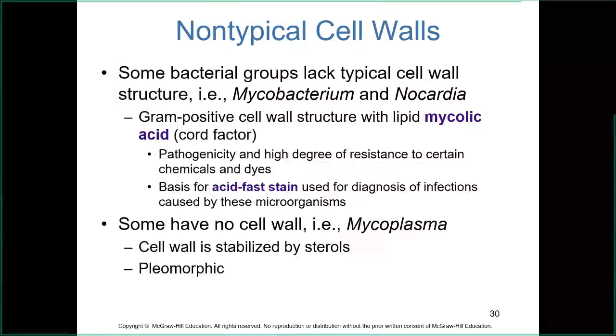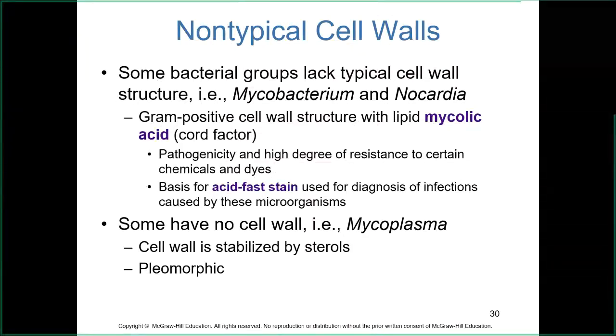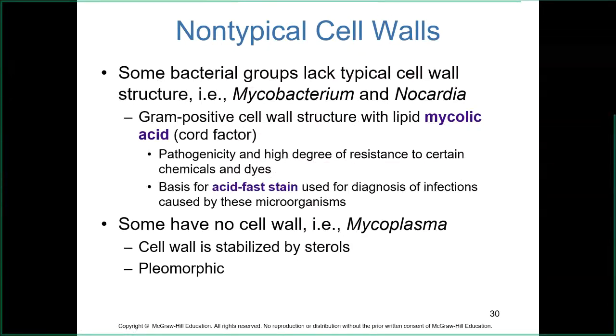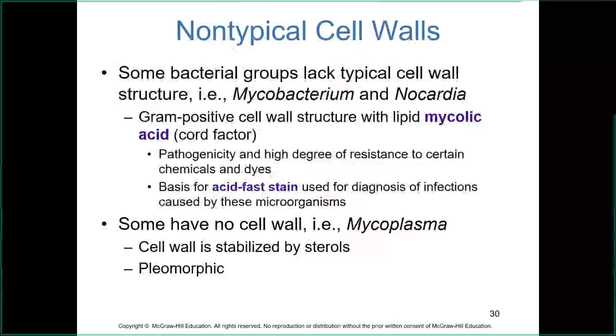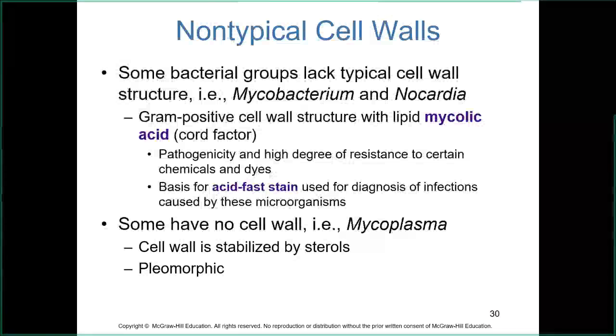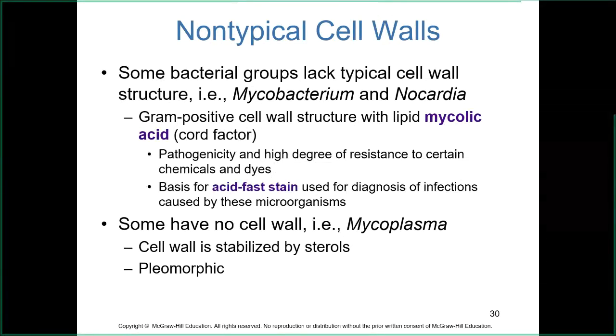So the term for that is pleomorphic. And so there are a number of forms that are pleomorphic. They may have rod-shaped cells, but occasionally you'll see them as coccus or other unusual forms, maybe Ys and little commas and all kinds of bizarre shapes.